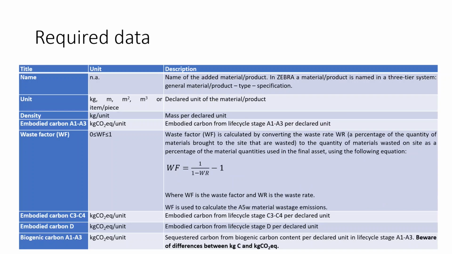And the last indicator is biogenic carbon in stage A1 to A3. Biogenic carbon is essentially the part of carbon that is extracted from the atmosphere and then sequestered in biomass, for instance, timber in a material. Any material with biomass will contain a certain amount of biogenic carbon.